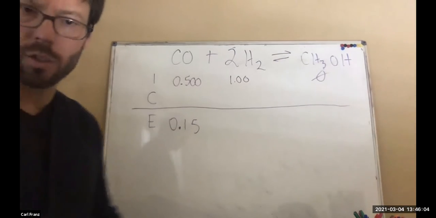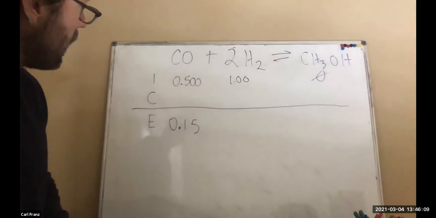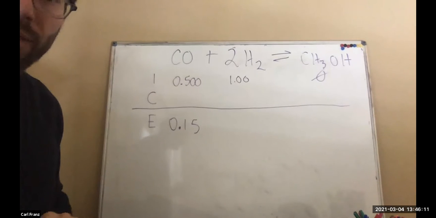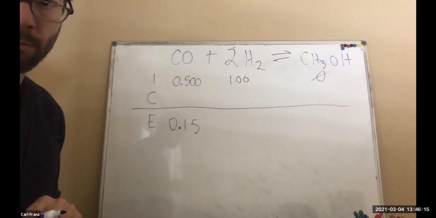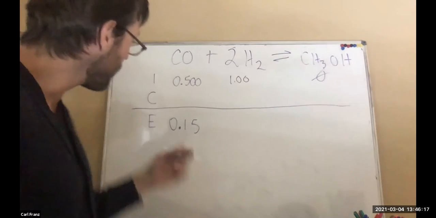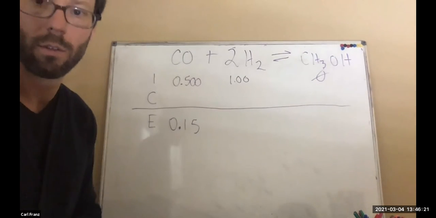This is all we need to solve the problem, because we know that we start off with 0.5 and we end up with 0.15. So the change must be the difference of those two, right? And so what is that?